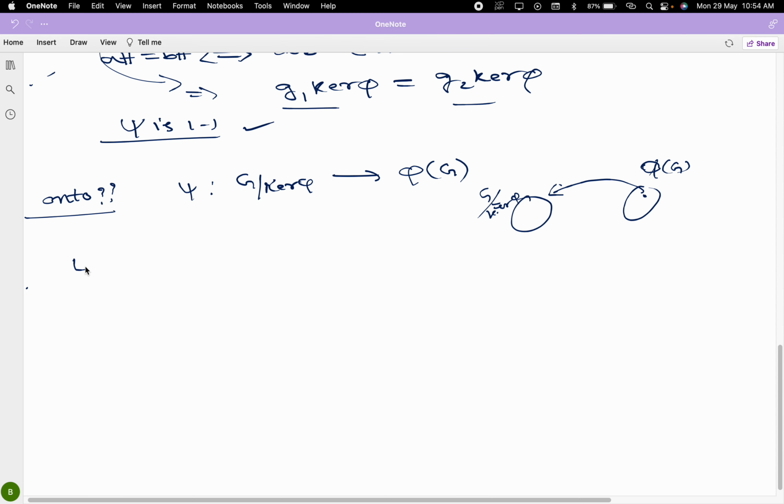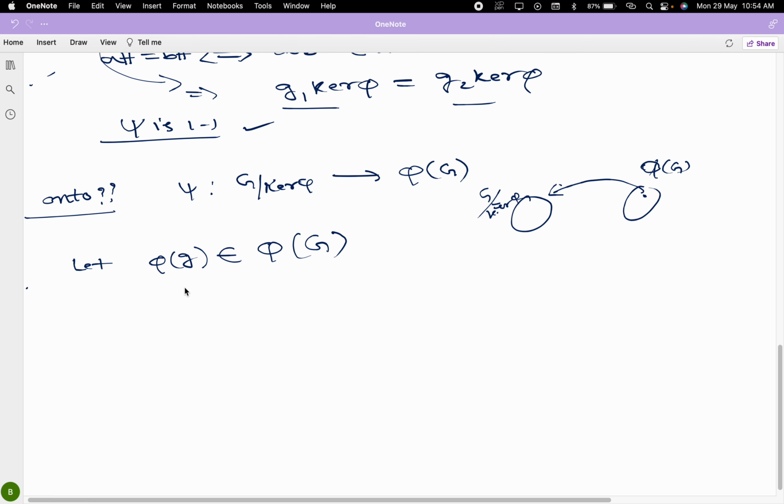Let phi of g dash be any arbitrary element of phi of G. Then you should be able to give me one element inside G mod kernel phi such that the image of that element gives us phi of g dash.